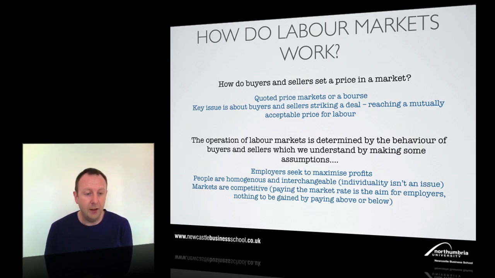And so we assume that people are homogeneous, that they're interchangeable, and so this kind of individual difference between people in that marketplace isn't an issue, otherwise it becomes far too complex. We also assume that markets are competitive, that everybody is trying to achieve their best potential outcome.